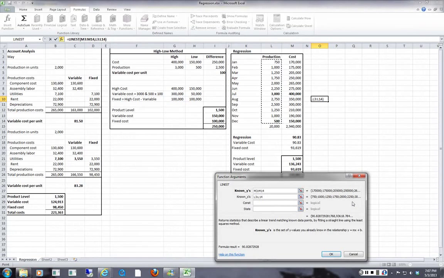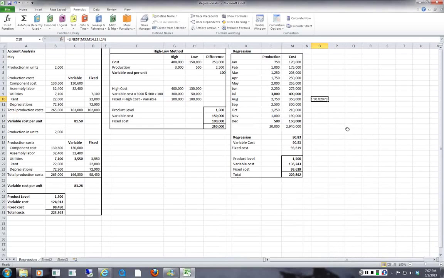It's a bunch of decimals after that, but it's $90.83. Then if you look over, there's a comma, and you can see that the fixed cost is $93,619. So using the regression analysis, we come up with $90.83 variable and $93,619 fixed. And this is quite accurate.